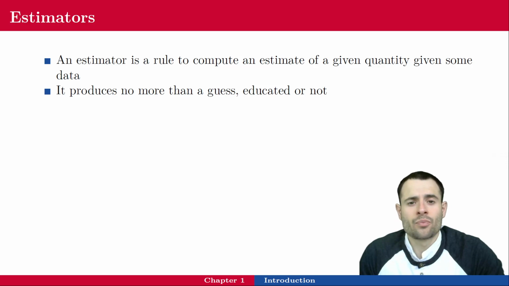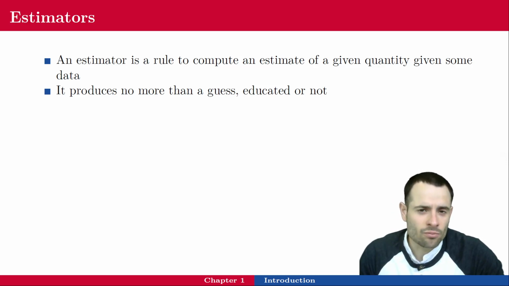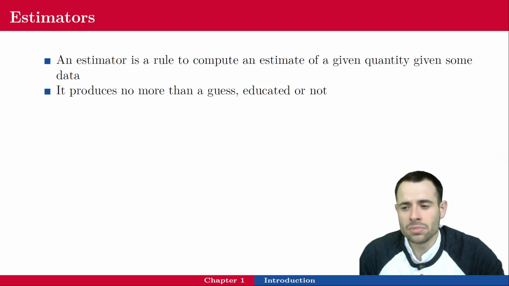Another person, a student, for instance, could give me his own estimate based on the age of his cohort or based on what his friends told him. Those are other estimators. They are probably less educated, but why not? Maybe my estimate is accurate.